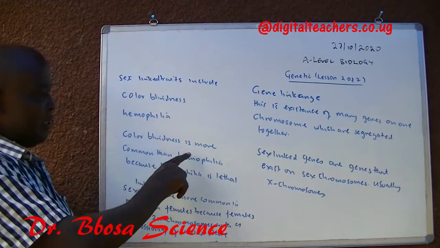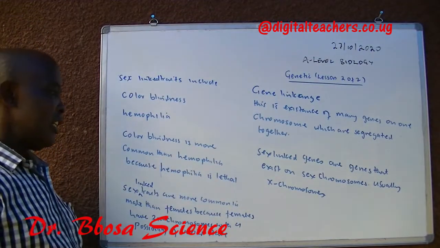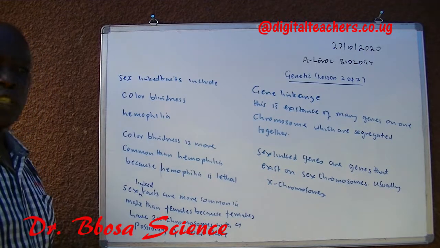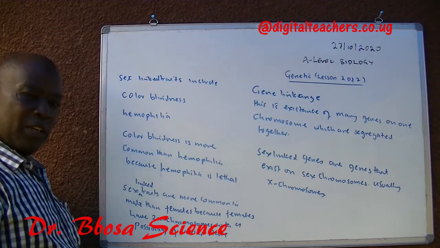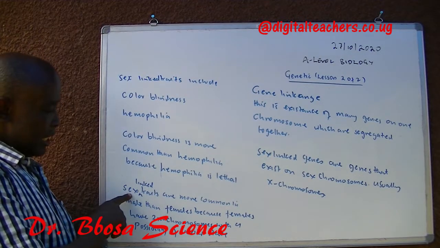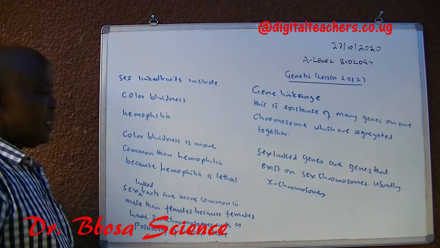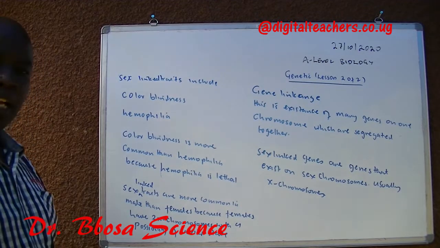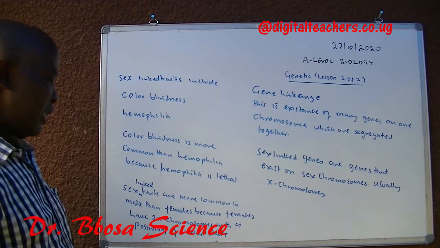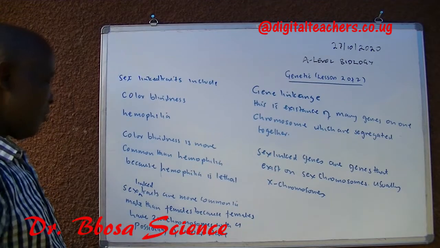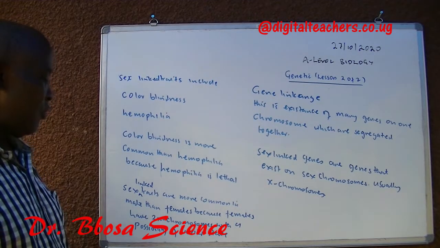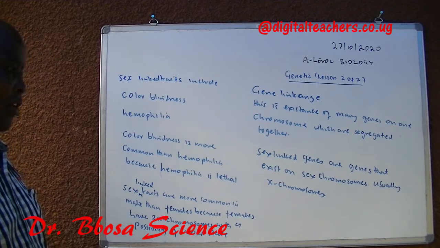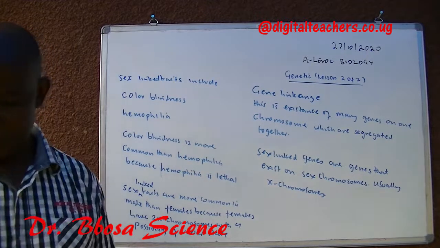Color blindness is more common than hemophilia because hemophilia is lethal or leads to death. Sex-linked traits are more common in male than female because females have 2 X chromosomes with a possibility of a carrier state, while male don't.